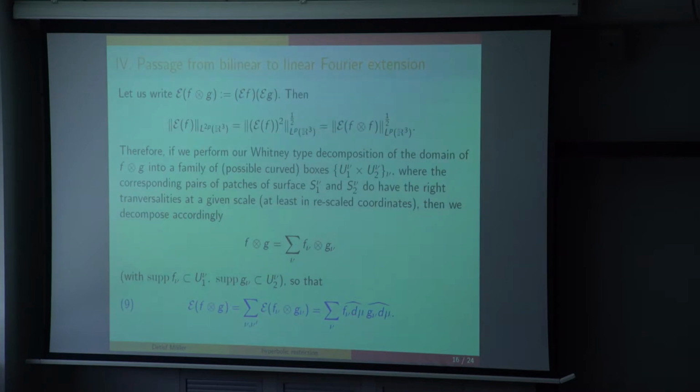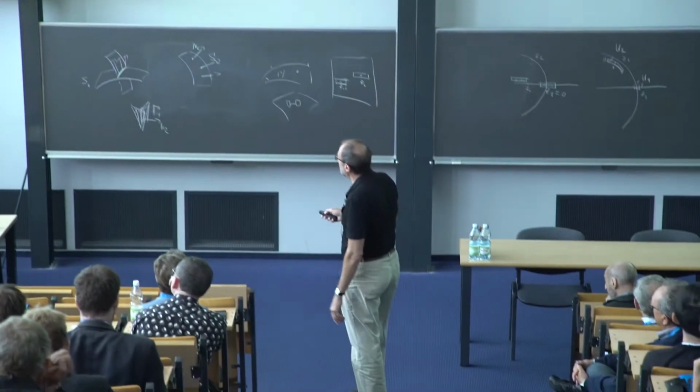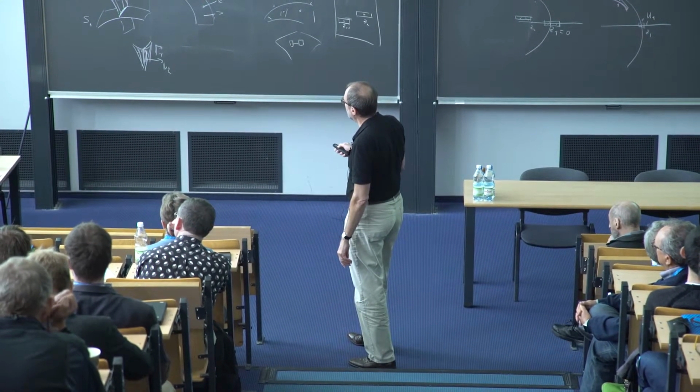So you do this decomposition into functions f sub mu and g sub mu, and f sub mu sits in one box of the first type, U_nu^1, and g sub mu in another box, U_nu^2, of the second type here. And so morally then you can look at this extension operator E of f tensor g. So this is morally just this expression here.